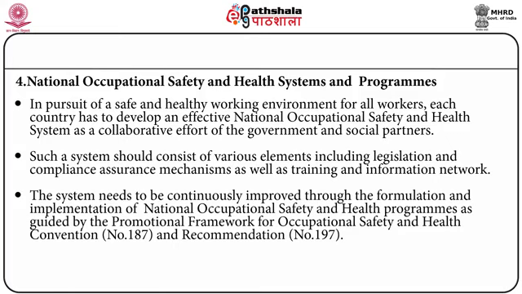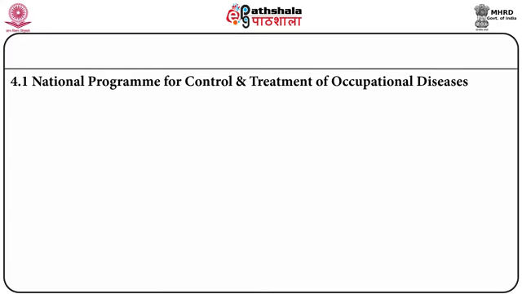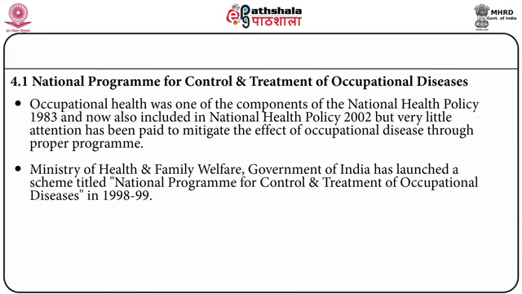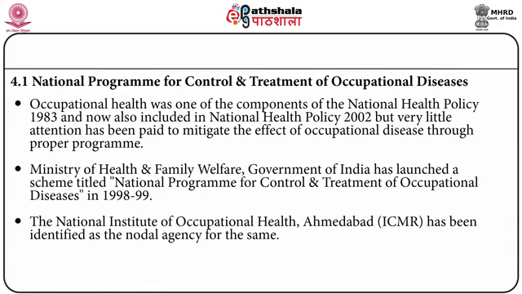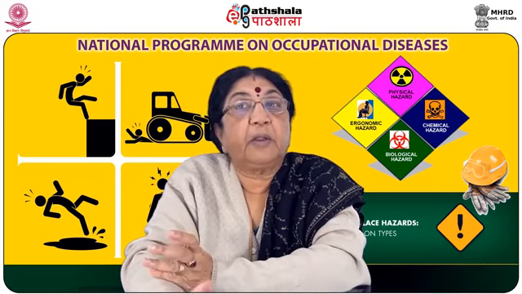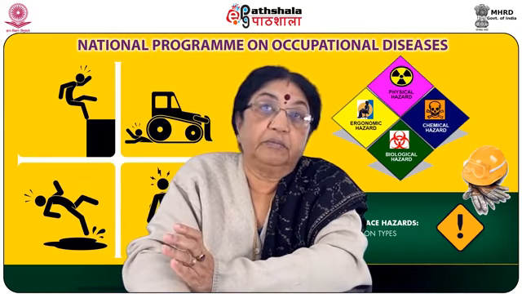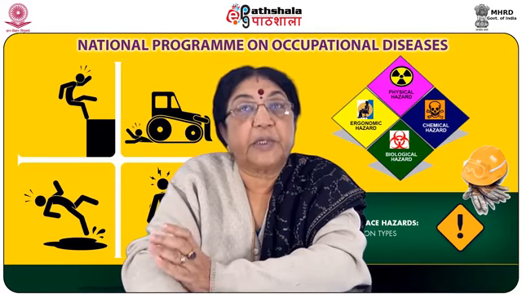Now, taking a few more examples. The National Program for Control and Treatment of Occupational Diseases was actually one of the main health components of the National Health Policy in 1983, and it became included in the National Health Policy of 2002 because, since the country was progressing, occupational hazards were coming up with the rise in occupational factories and situations.